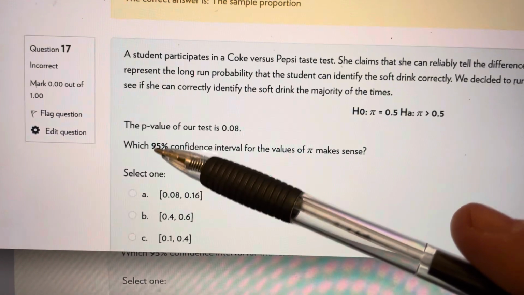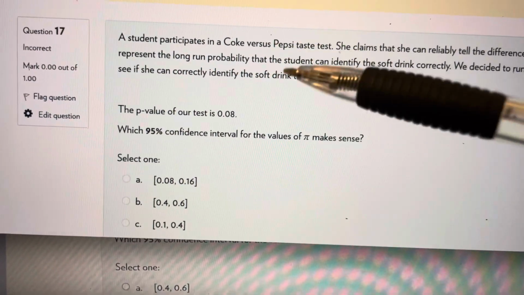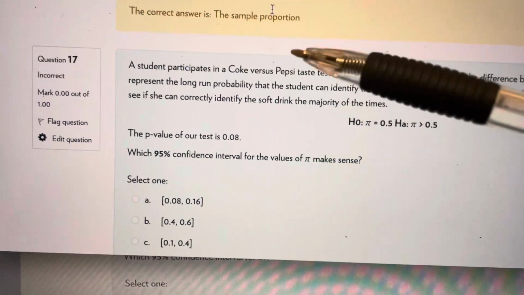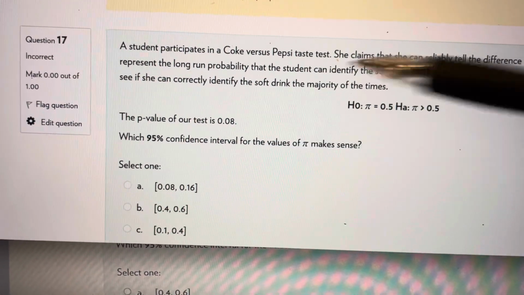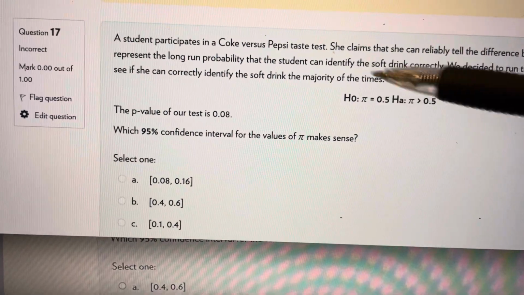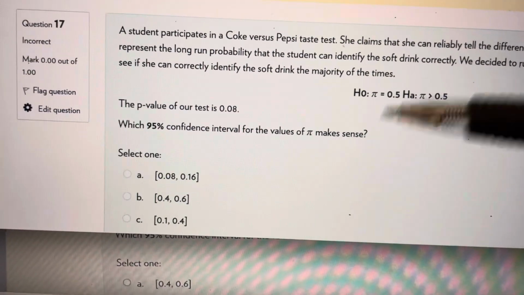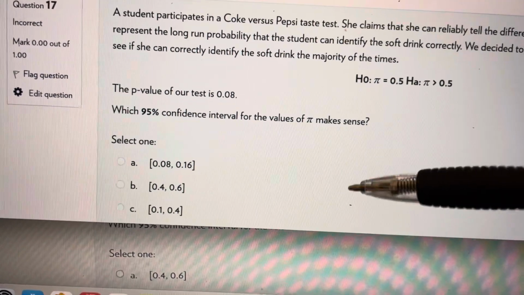So if this was the 99% confidence interval, our threshold would be 0.01. And this is larger than 0.01. So this would be supported as well. So the null hypothesis would be supported. You are failing to reject the null.